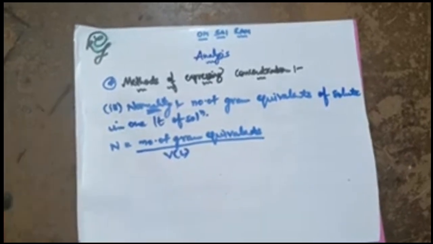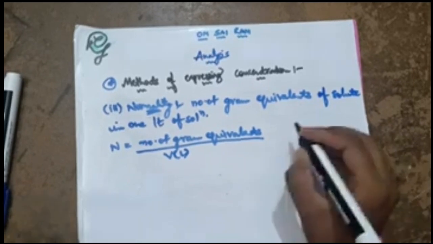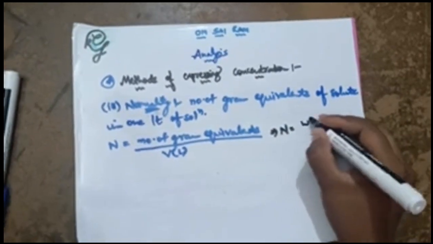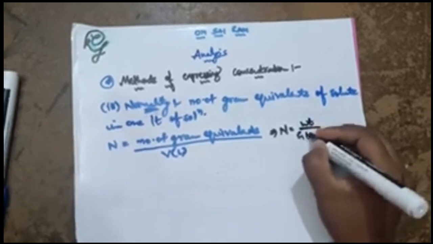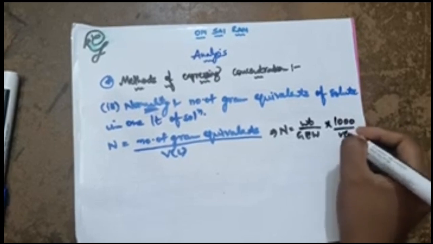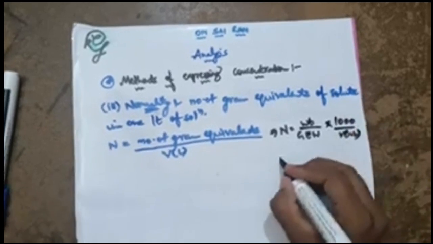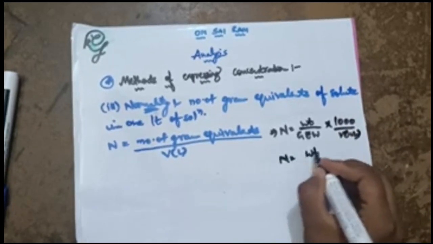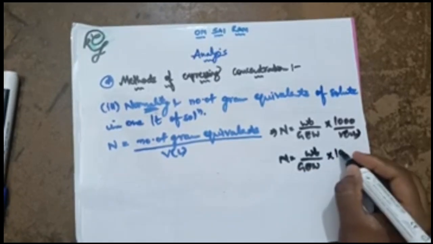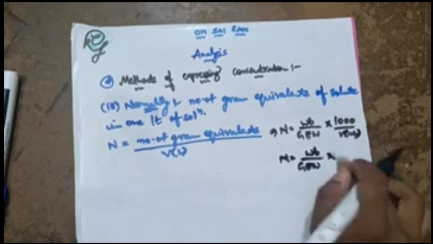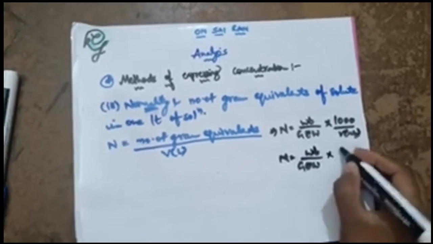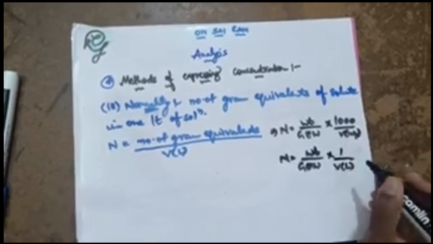There are other formulas where you can see N is equal to weight by gram equivalent weight into 1000 by volume in ml, or N is equal to weight by gram equivalent weight into 1 by volume in liters.